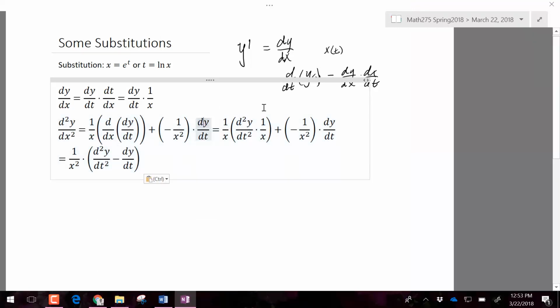So if we're solving for dy dx, because that's what we're going to replace, then we can replace it with dy dt times 1 over x. Kind of did it backwards. So we want to replace your dy dx with dy dt times 1 over x.